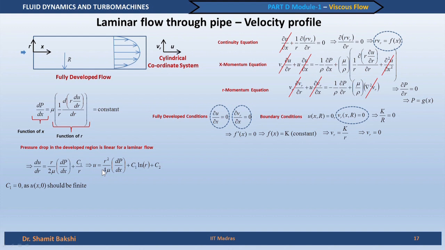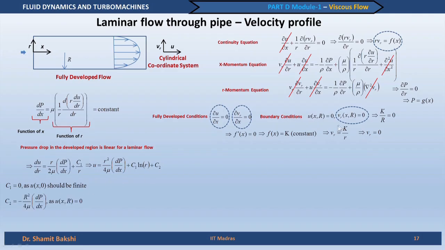If you put 0 here, ln of 0 is minus infinity. So, you cannot have infinitely large velocity. So, this actually has to vanish, C1 should be 0. So, without using a boundary condition, just by observing the equation itself we can say this.